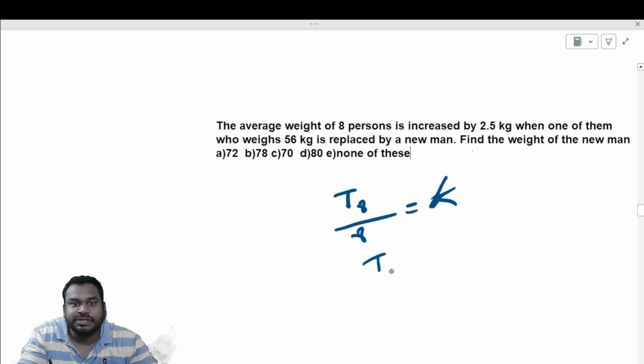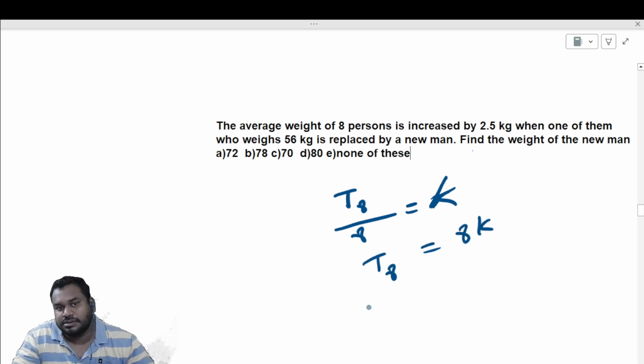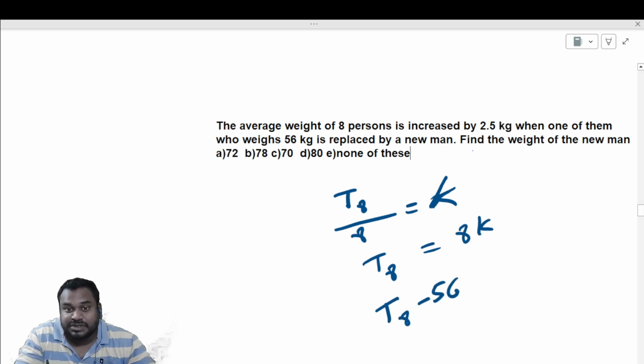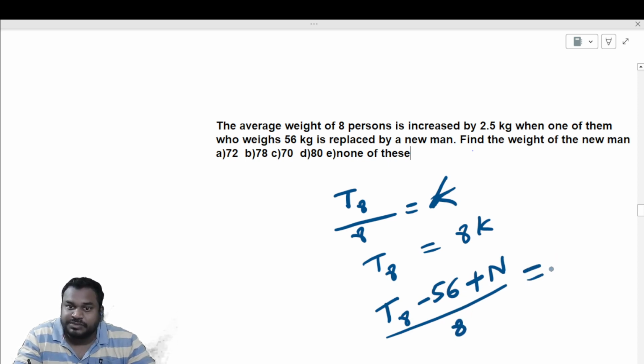Then the total weight of the 8 persons will become T8 equals 8k. Now what happened? One person left. So from this 8, one person left. But another person joined. I'll assume his weight is N. So now the number of persons remains the same, that is 8 only. And because of that person, the average became k plus 2.5.